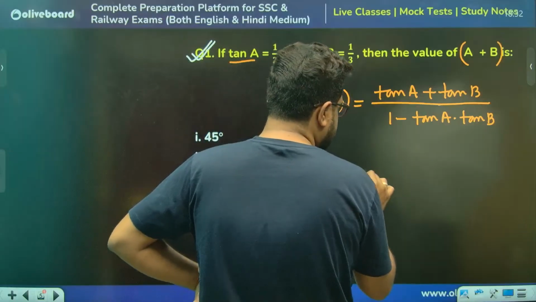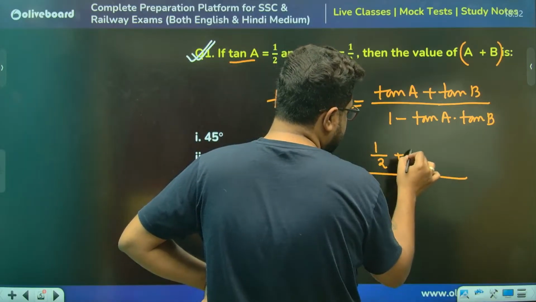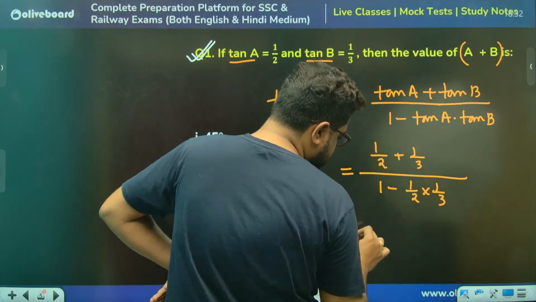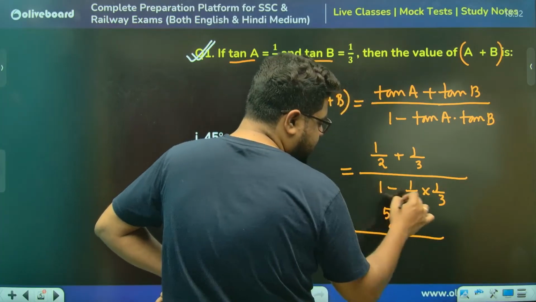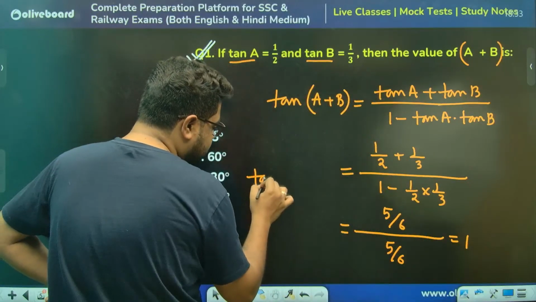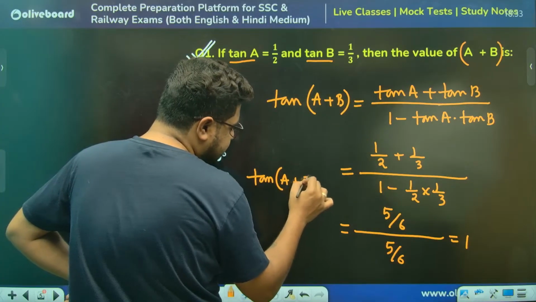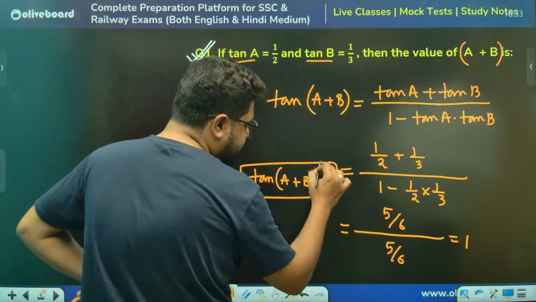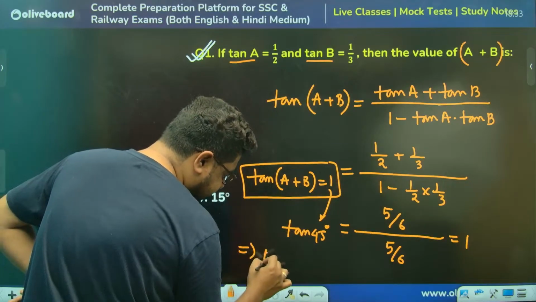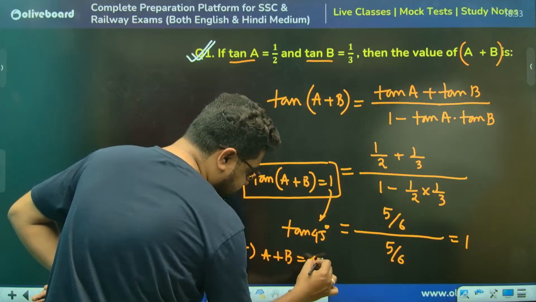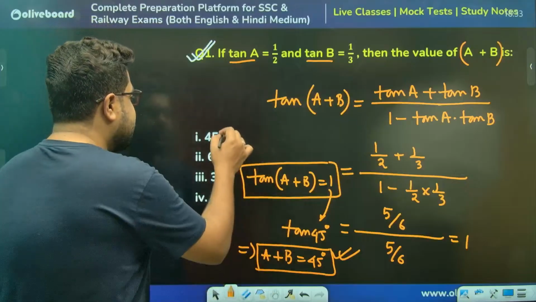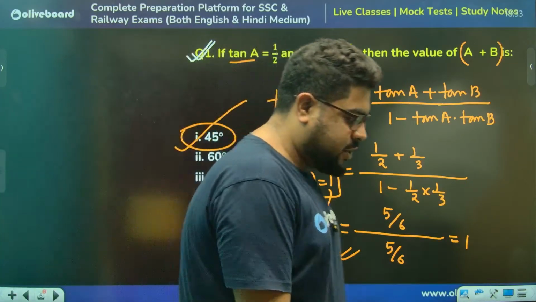It is 1 by 2 plus 1 by 3, divided by 1 minus 1 by 2 into 1 by 3. This will be 5 by 6 divided by 1 minus 1 by 6, that is 5 by 6, which is 1. So tan(A+B) is equal to 1. 1 means tan 45 degrees, which gives us A plus B is equal to 45 degrees, which is option number 1.